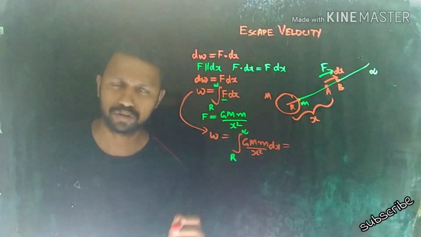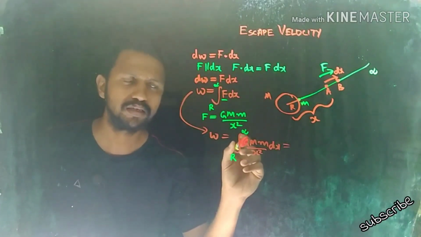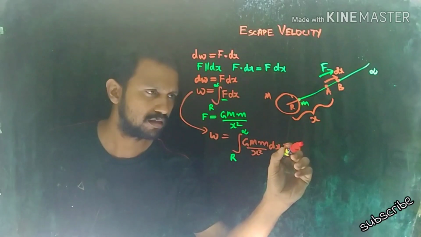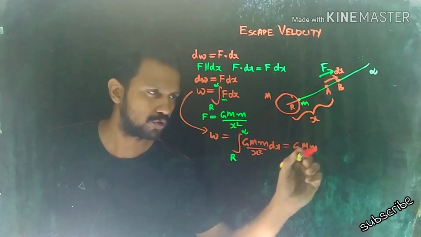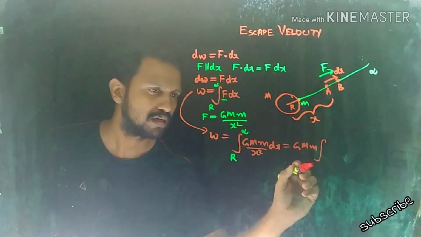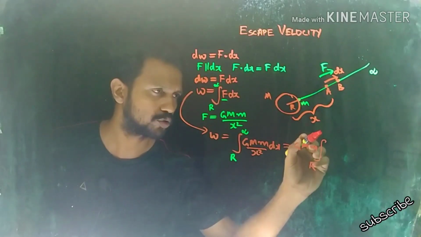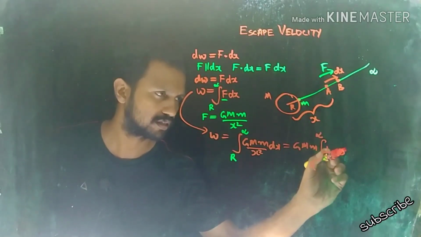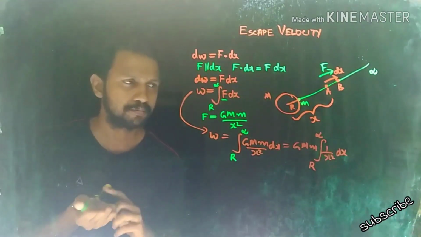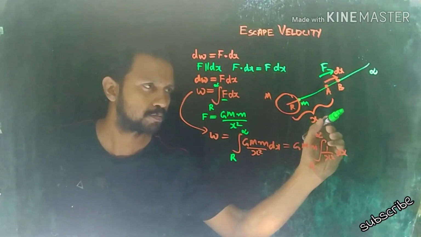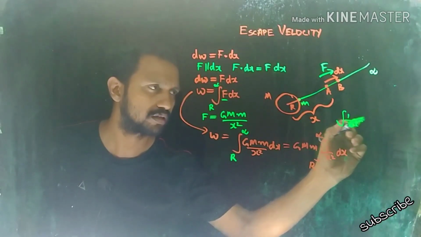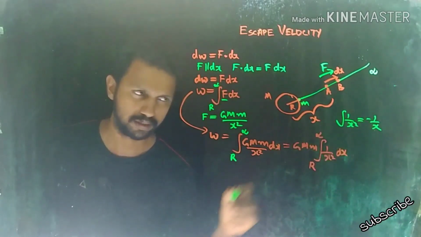We have to take the constants out. Since G, capital M, small m are constants, we are taking G M m out. The remaining is integral R to infinity 1 by x square dx. Then, as we all know, integral of 1 by x square is minus 1 by x.